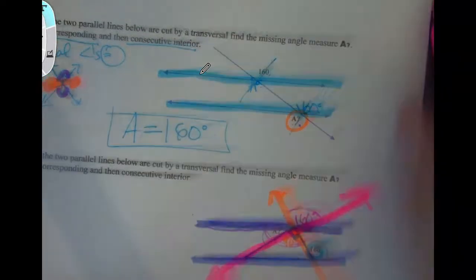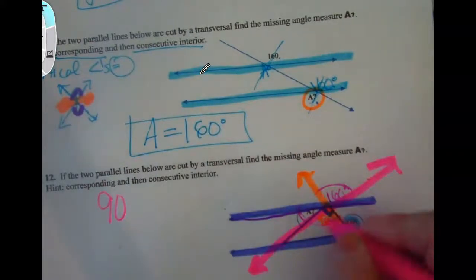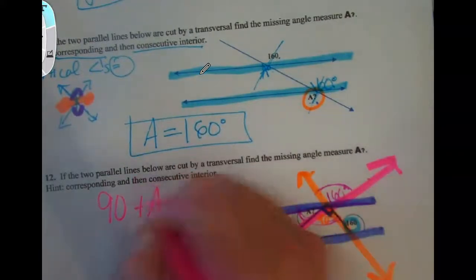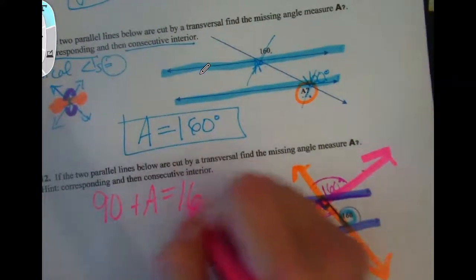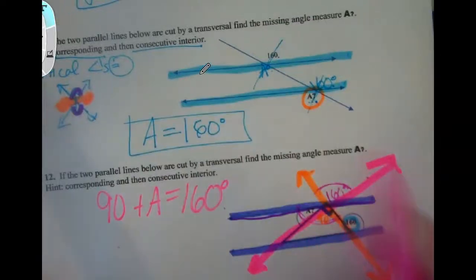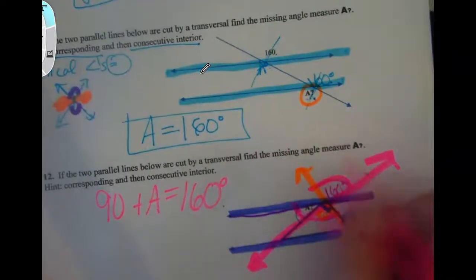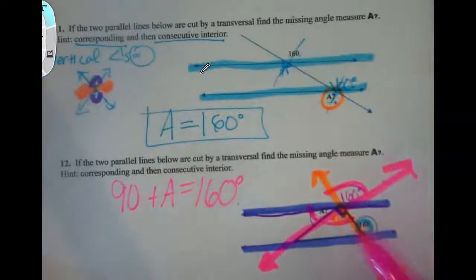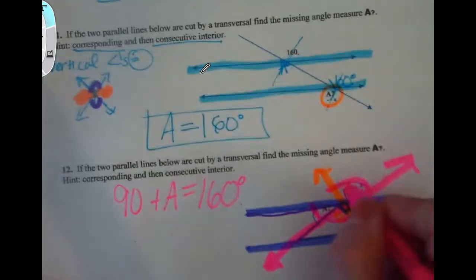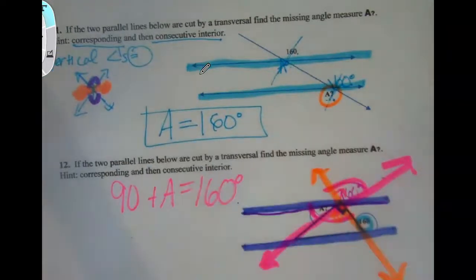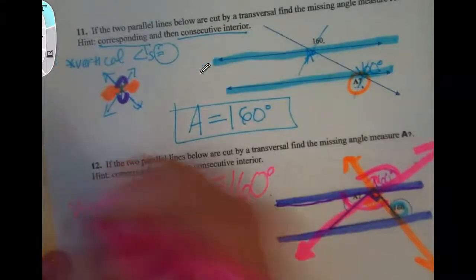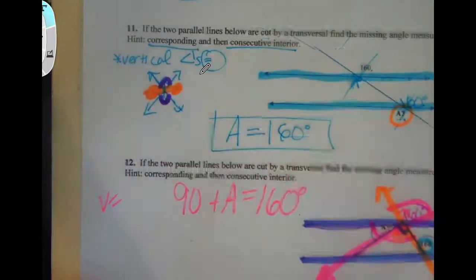So I would have 90 right here plus A equals 160. That's how I get that there. So these two are vertical angles. That 90 comes into play. I have to use it. And then these are across from each other, so they're vertical angles. That means I can set them equal to each other.